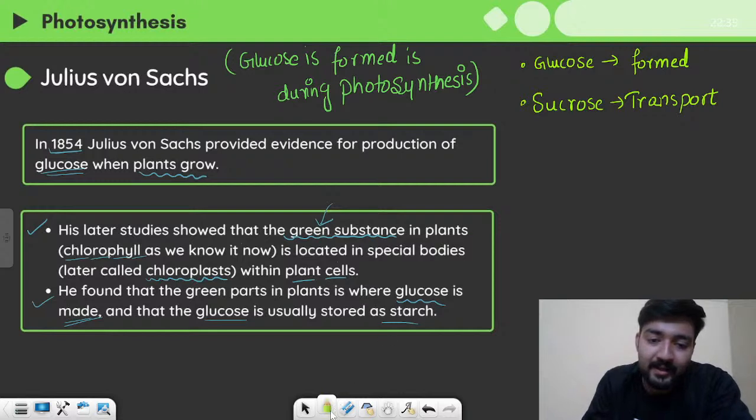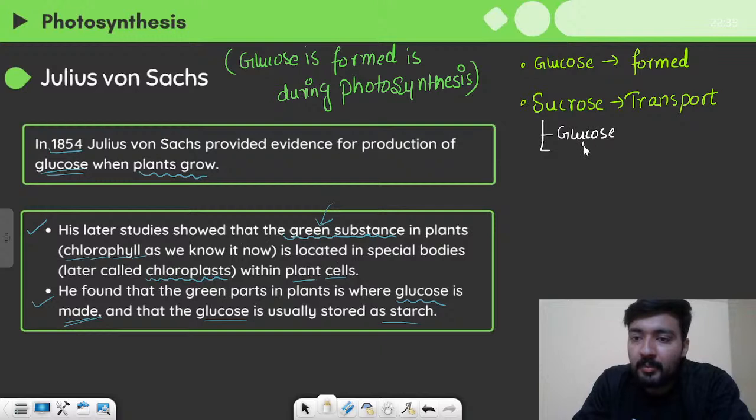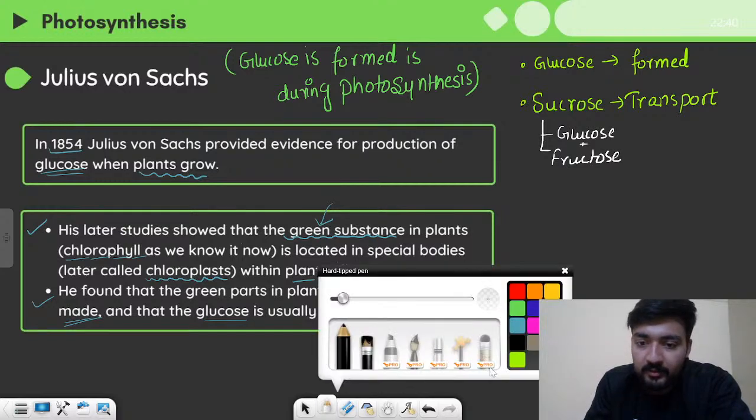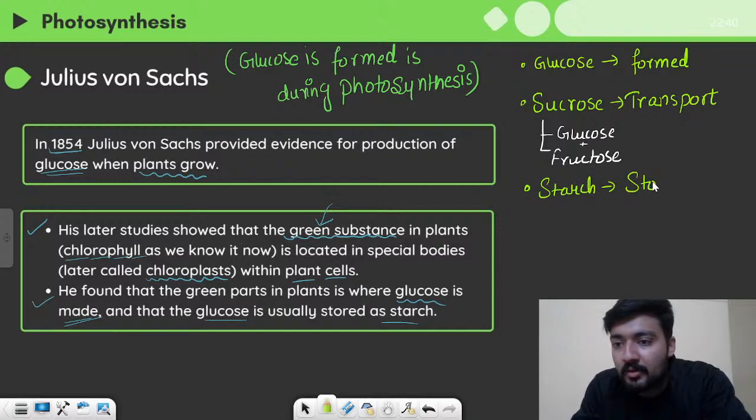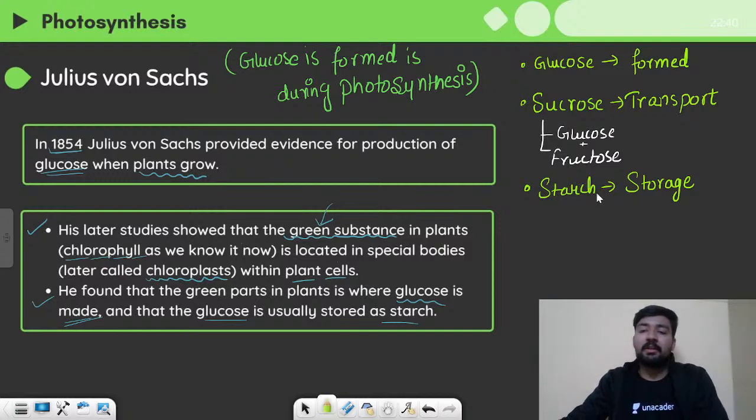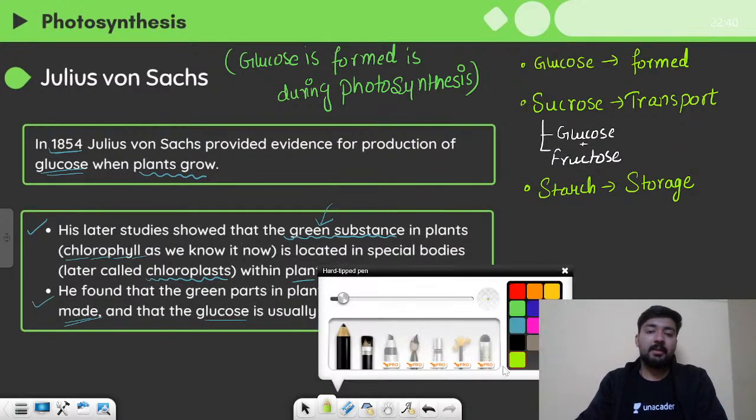Sucrose is a disaccharide which is made up of glucose plus fructose. Right? And for storage, it is stored in the form of starch. So starch is the form used for storage. So this is how all the different types of sugars are used by the plant.